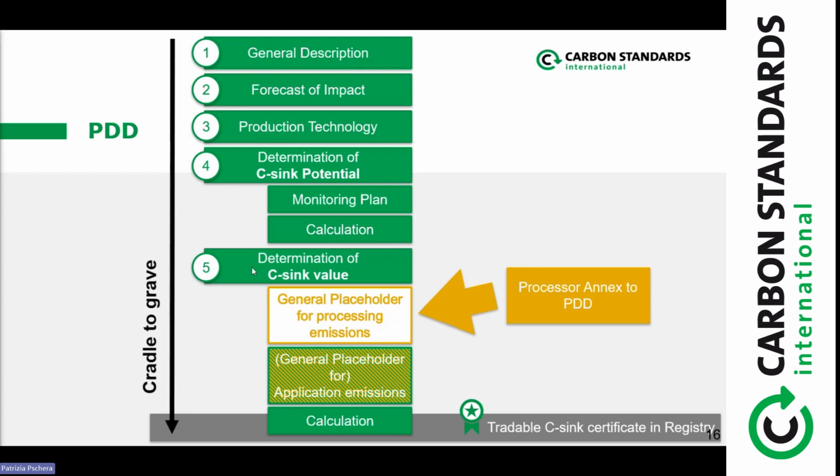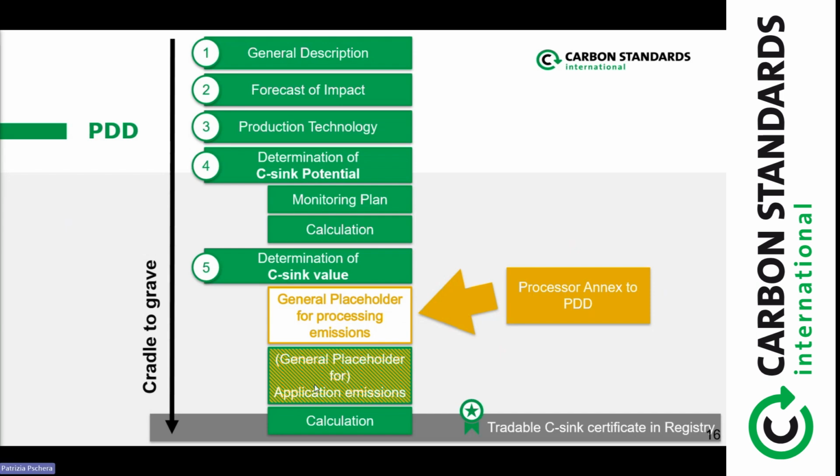And then in order to determine the C Sink value, so the realized C Sinks, we need the processing emissions. So the PDD has a placeholder for processing emissions, which will be filled by the processor annex to the PDD.